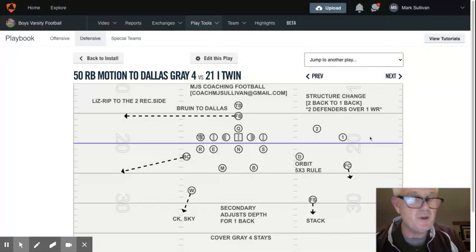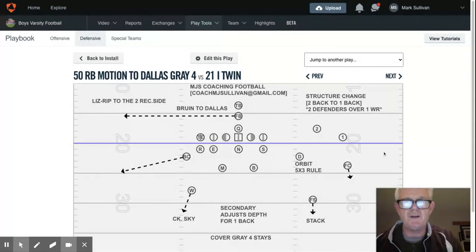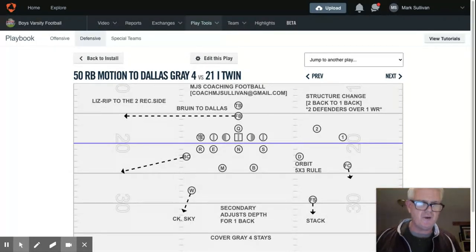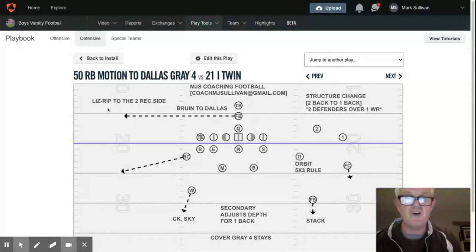They're all going to be a brewing, a structure change, in this particular lecture. In this one, it was a Rip to start. Now it's going to stay Rip because in the brewing, the running back is going away from the call, and it just so happens that it stays that way. So it goes from I-twin to Dallas.